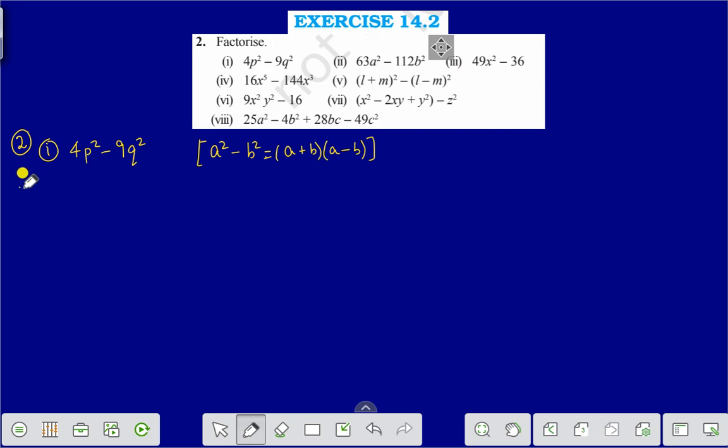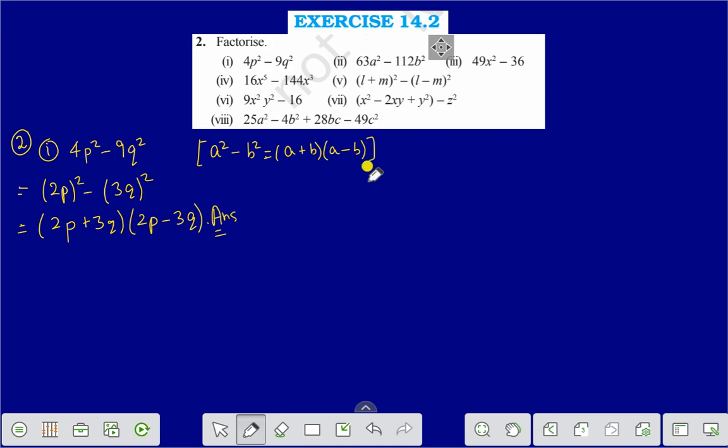Therefore, you can write this as (2p) whole square minus (3q) whole square. Using this identity, we get (2p plus 3q) into (2p minus 3q). This is the answer of question number 1.